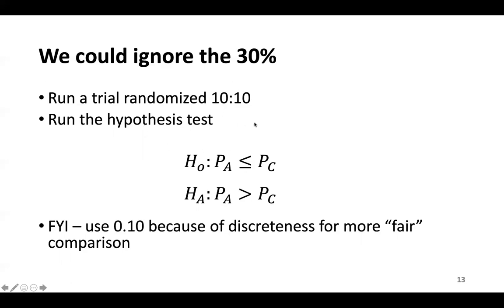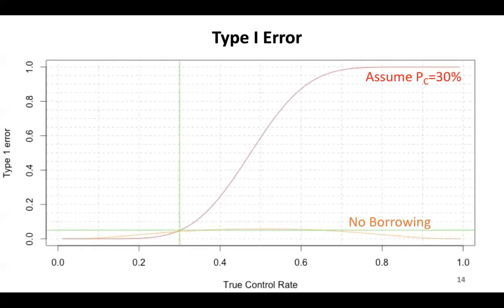We're going to enroll 10 on each of the arms, with the same sample size of 20 in this new trial. And there's actually a discreteness issue in getting the type 1 error rate. So you can use an alpha of 0.1 in this setting to truly control type 1 error less than 5%. So I'll show you what this looks like.